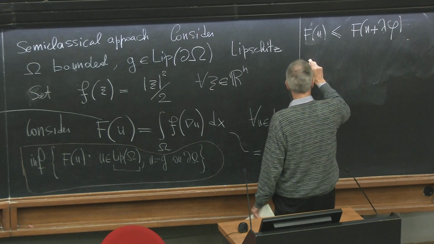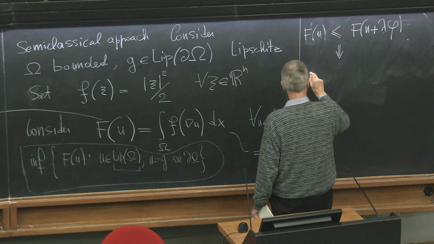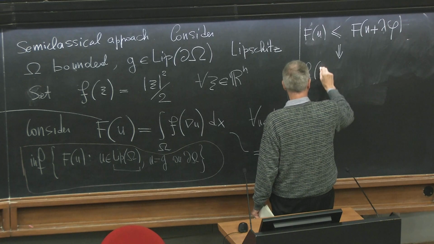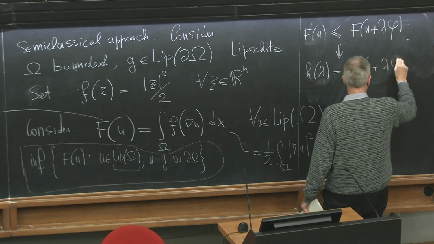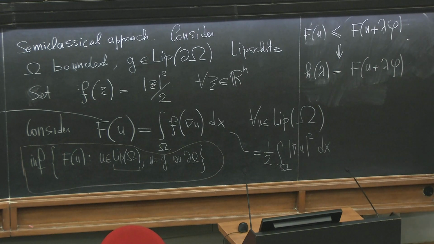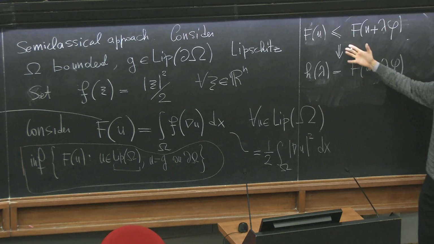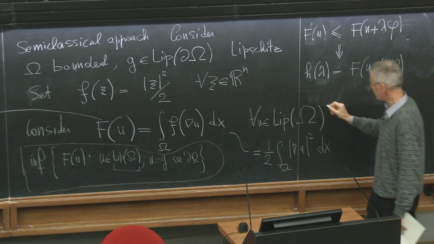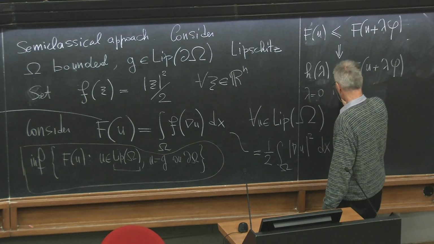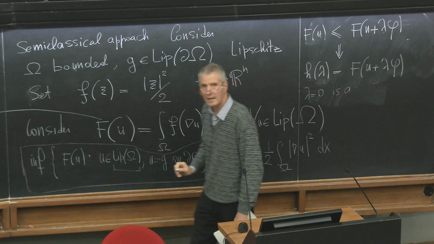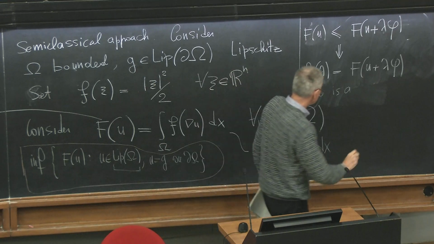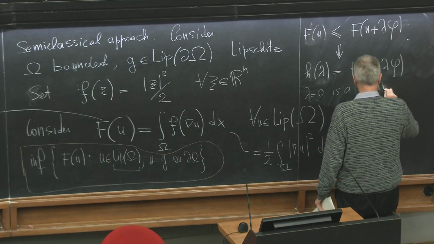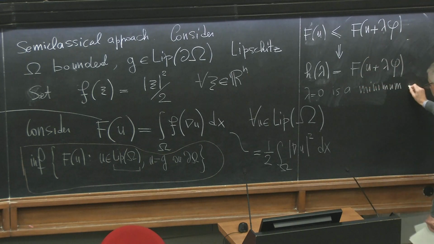So this implies that if I consider u as fixed and phi as fixed, and I consider the Dirichlet energy just as a function of lambda, what is written here is that 0 is a global minimum. 0 is a minimum, so the differential is equal to 0.